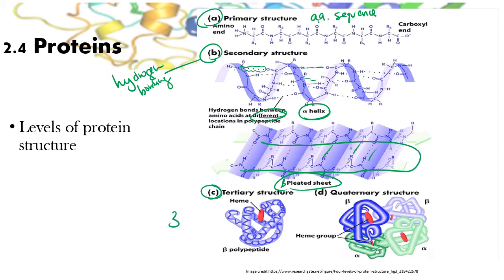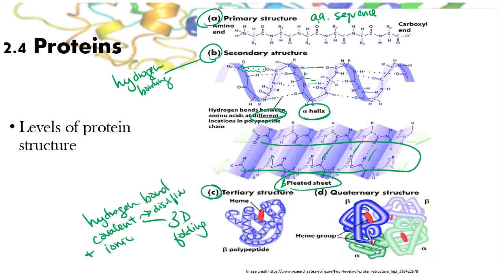Tertiary structure, the 3rd level of protein structure. Now we have that 3-dimensional folding. It's also held together by hydrogen bonding, but I'm going to add here also covalent bonding and ionic bonding. So we have more kinds of bonds holding together this 3-dimensional folding. There's one super cool special kind of covalent bond called a disulfide bridge.